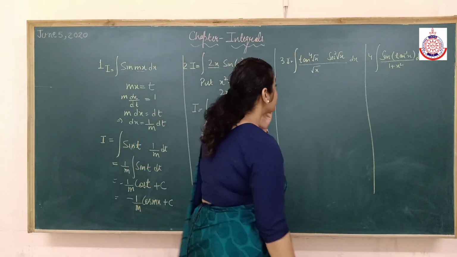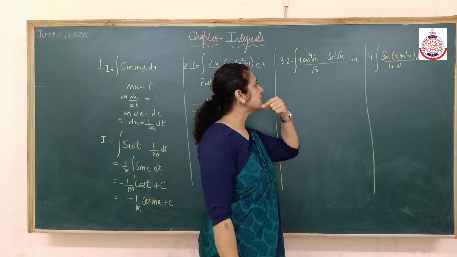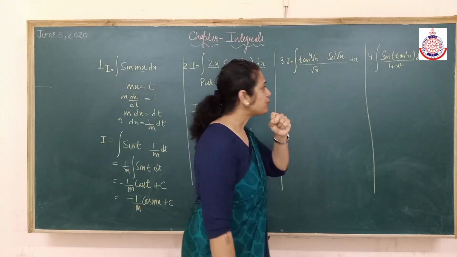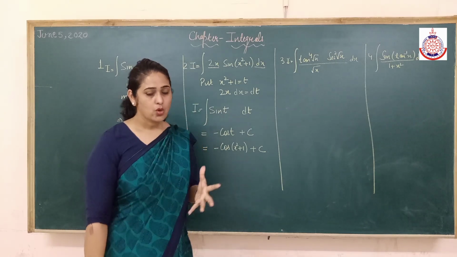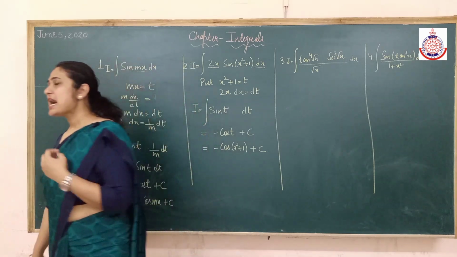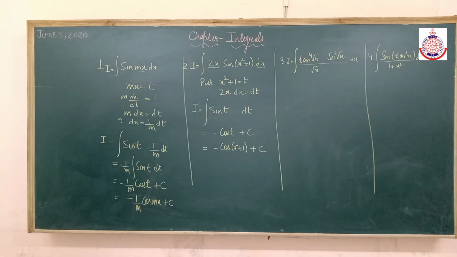If I put secant x, what will happen? Think. What shall be the substitution here? I have tan raised to power 4 under root x into secant square under root x upon under root x. What shall we do?